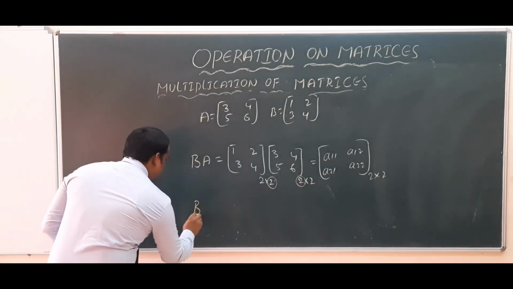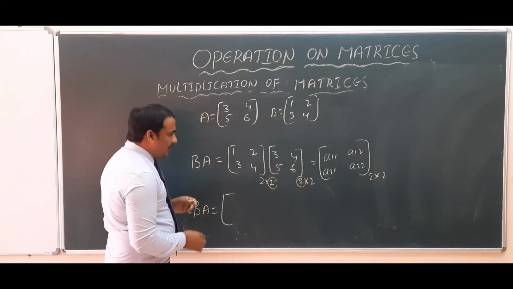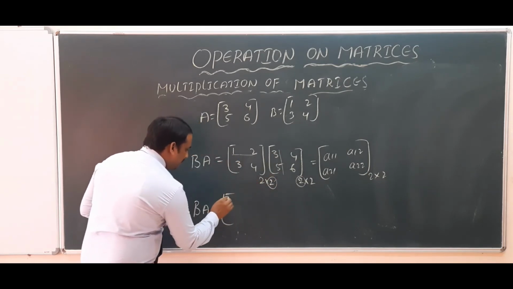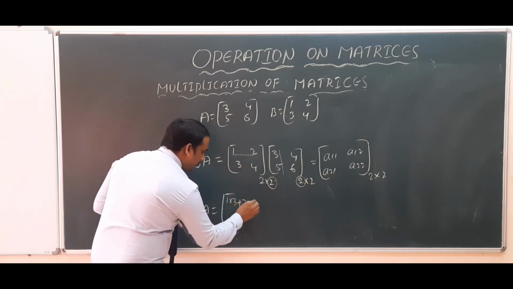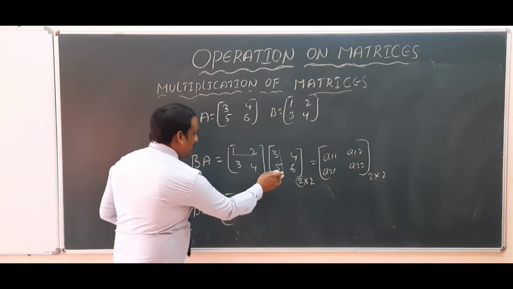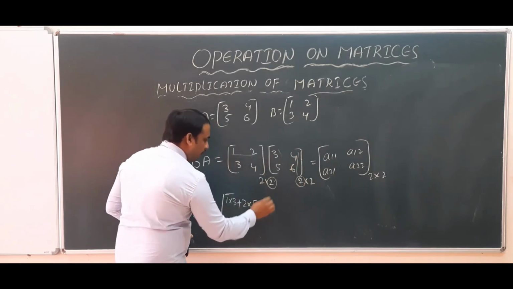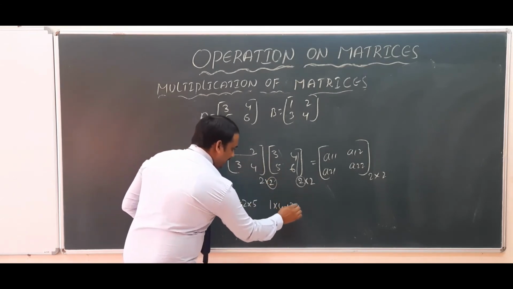Now BA equal to here A11. A11 means first row, first column you have to multiply: 1 into 3 plus 2 into 5. That is the A11 element. Next A12. A12 is here first row, second column: 1 into 4 plus 2 into 6.